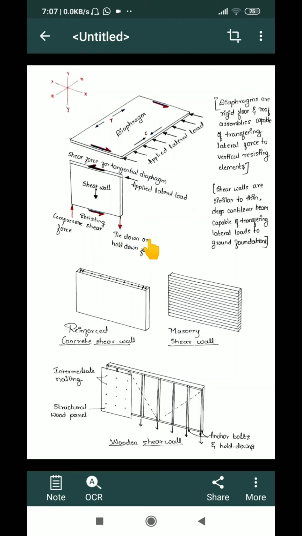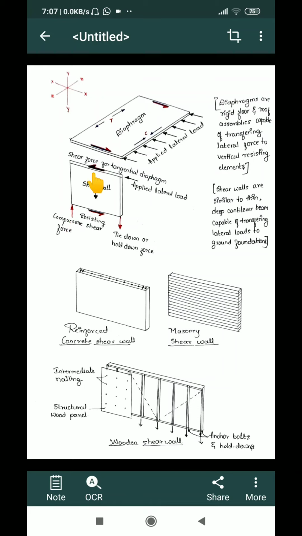We call them tie down or hold down forces. This force will try to resist the uplift of the wall by acting in a downward direction, whereas on the other side of the wall there will be a compressive force which will try to squeeze the shear wall. So these are the forces which are acting on a shear wall.